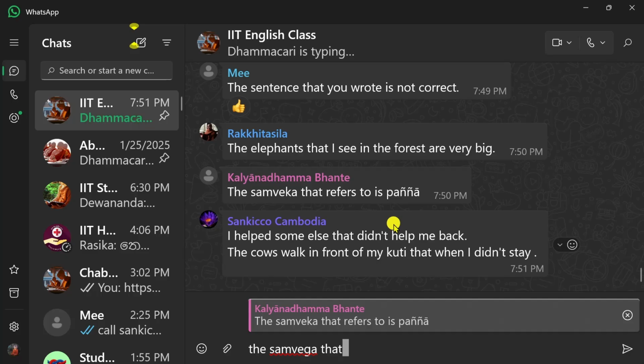I think it was Ottappa. So you're saying São Vega refers to, you would have to say that refers to Panya, but then the sentence is incomplete.